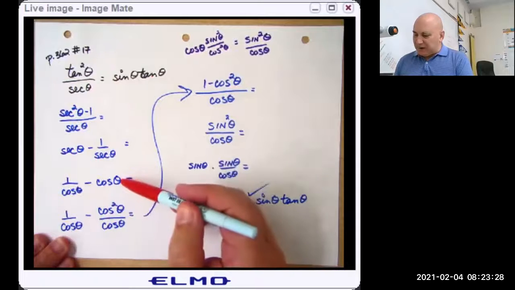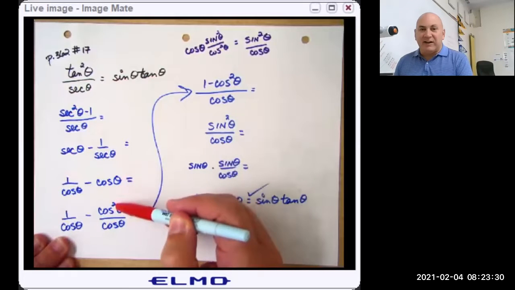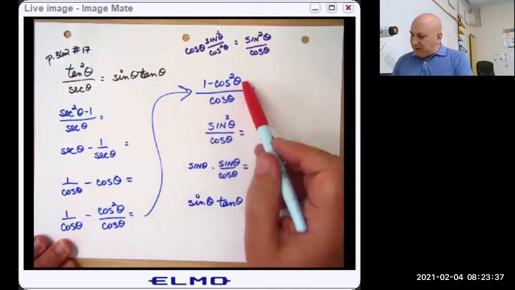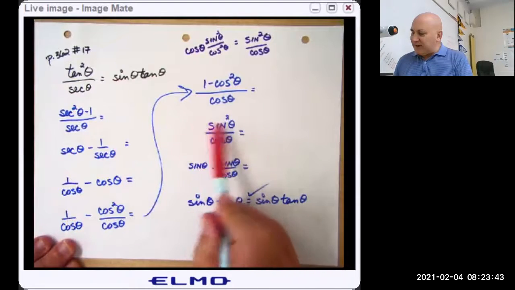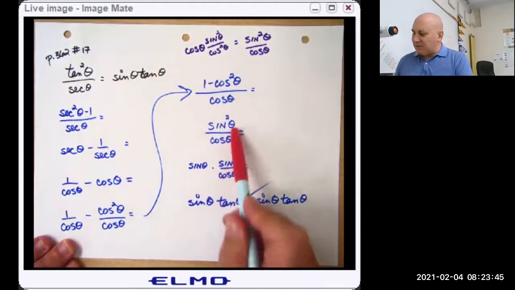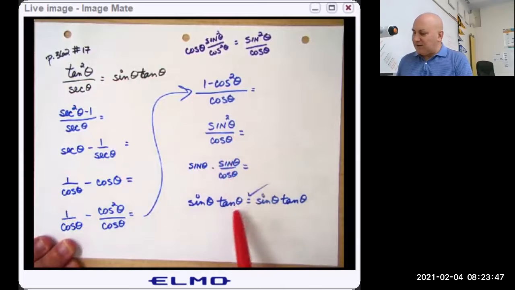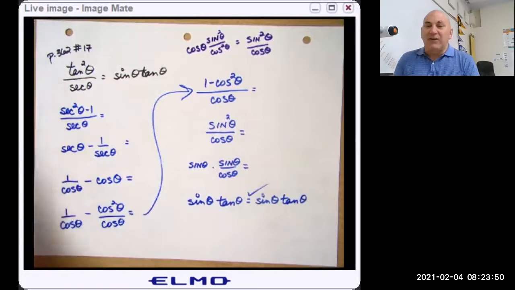So I multiplied this by cosine theta over cosine theta. And that's where this cosine squared theta came from. 1 minus cosine squared theta is sine squared theta. Now, if I make that sine theta times sine theta over cosine theta, I've verified the identity.